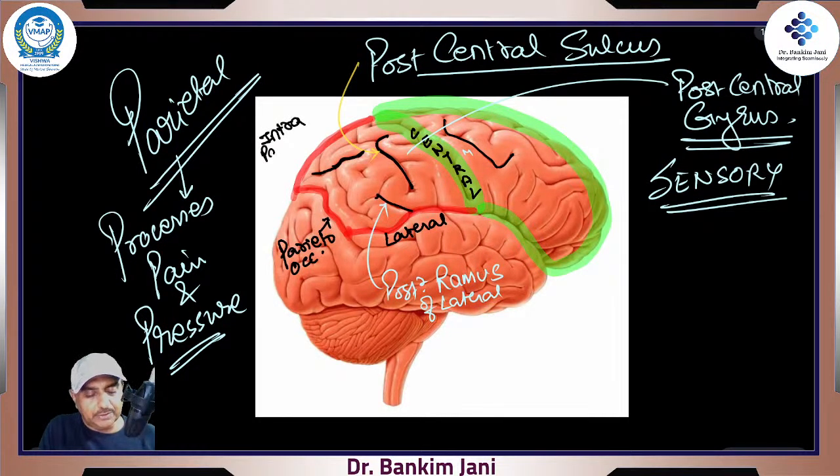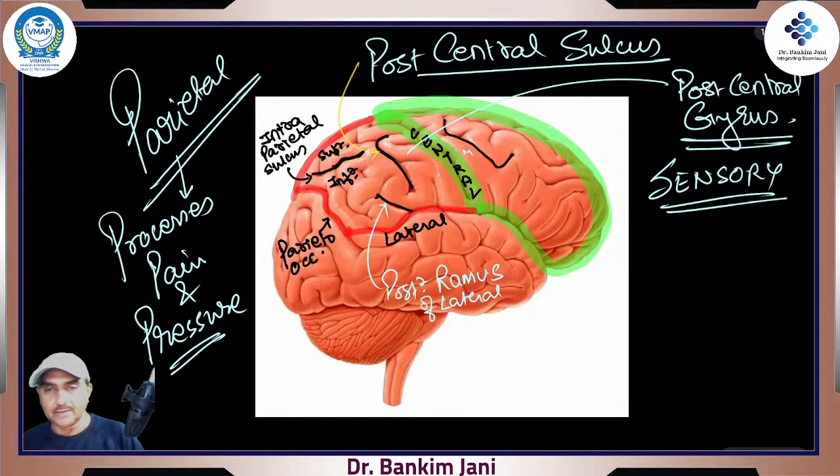Intra means inside, between two, right? So it is dividing. This one would be the superior and this below one would be the inferior parietal lobules. Right? These are lobules.